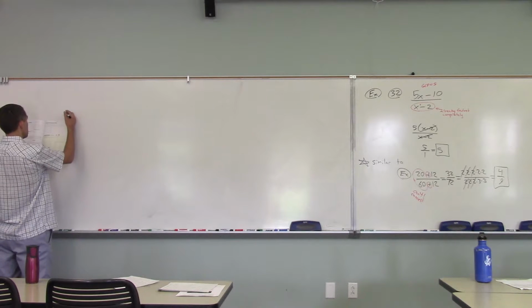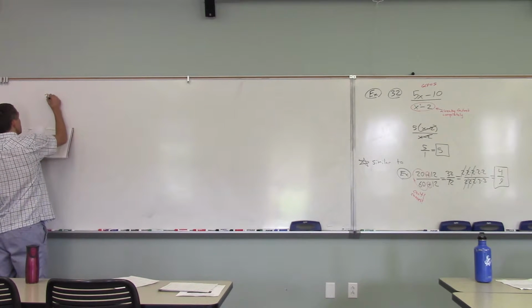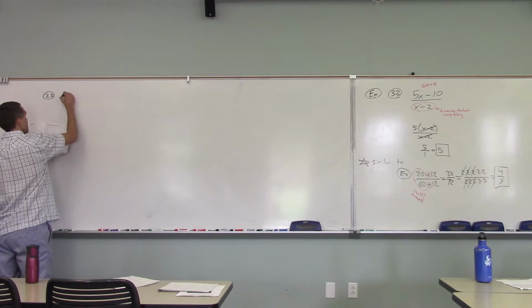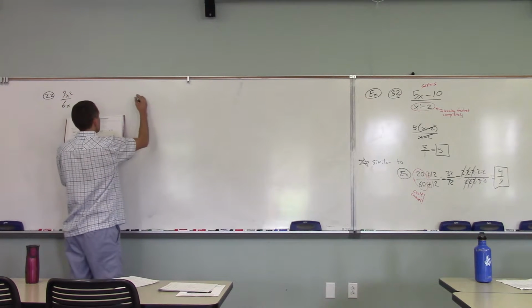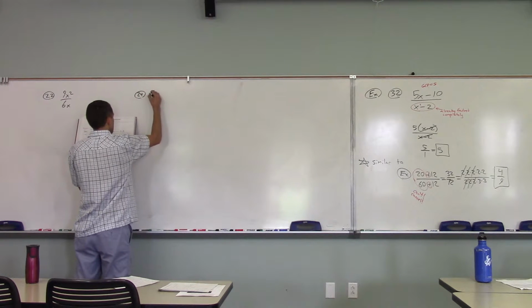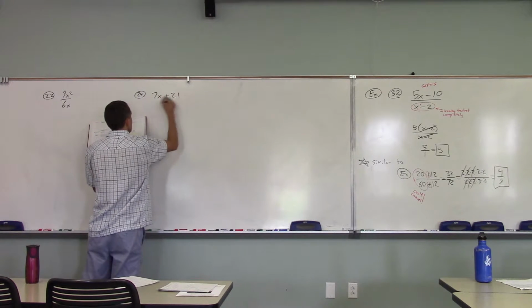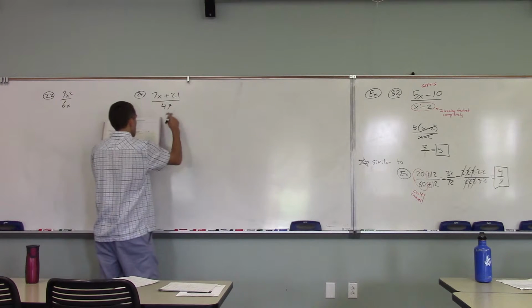So here are some problems, like 21, 22 is what I meant. 9x squared over 6x. 24 is 7x plus 21 over 49.